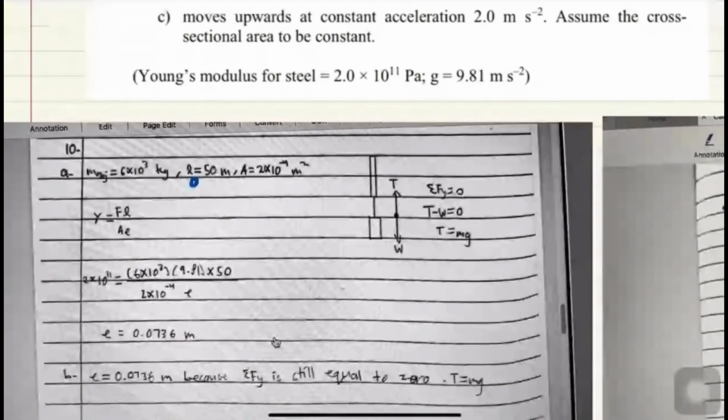Okay, untuk soalan B, dia tanya constant apa tadi? Constant speed. Kalau constant speed, maksudnya a is equal to 0. So still sama. Okay, good.